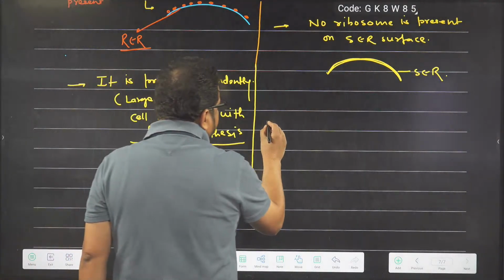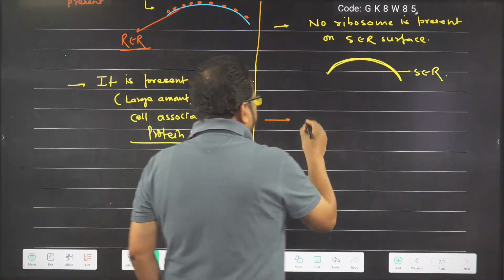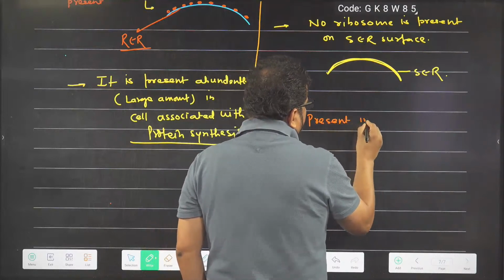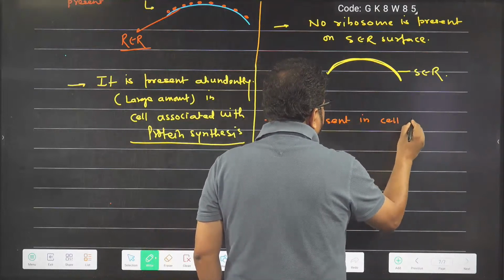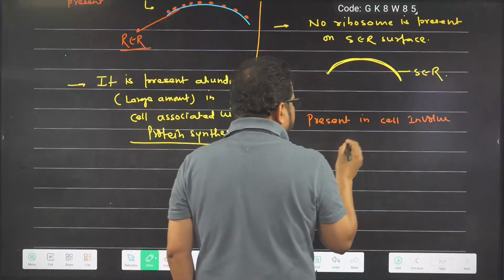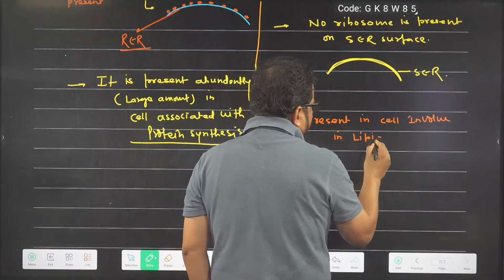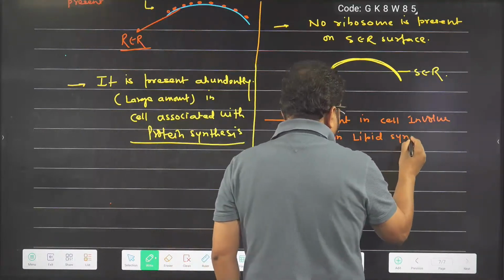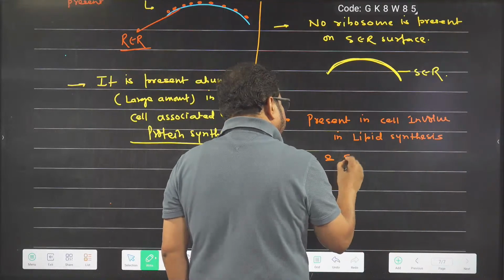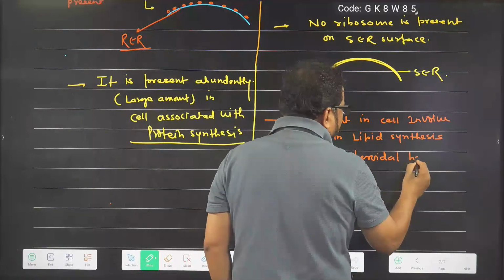the protein synthesis. If we talk about SER, it is present in cells involved in lipid synthesis and steroidal hormone synthesis.